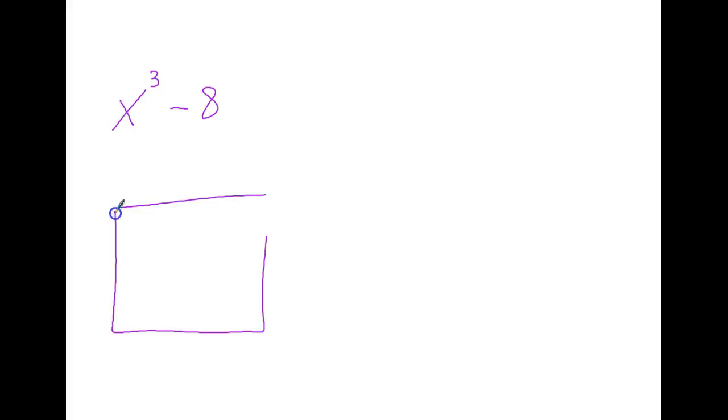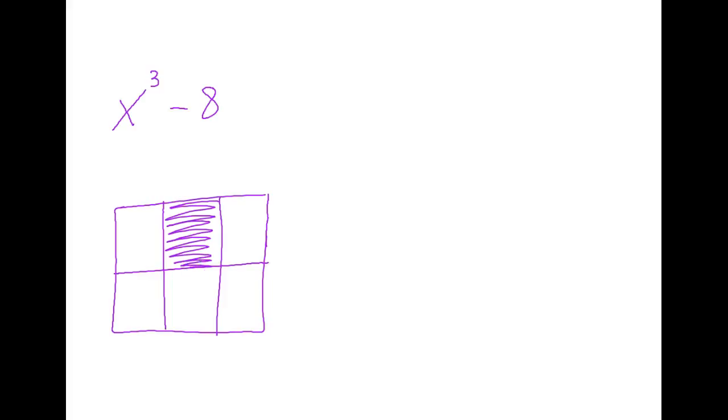One more example in difference of cubes. It was x cubed minus 8. That was one of the questions on the test last Friday. I'm going to use the same method as in the previous example. Since I'm doing cubes, I'm dividing my rectangle into 3 places, 6 boxes. Forget about this guy.